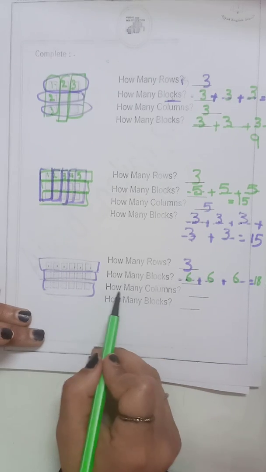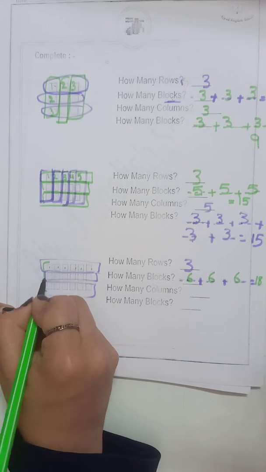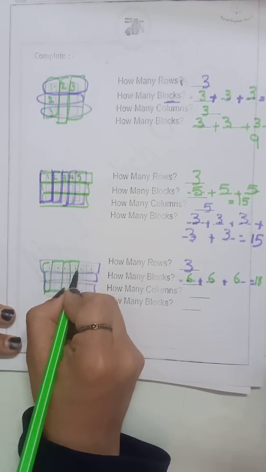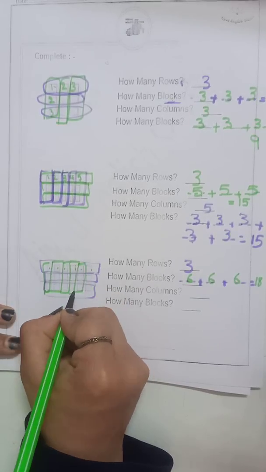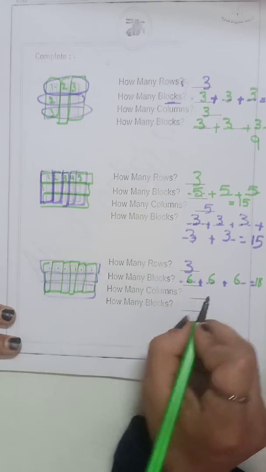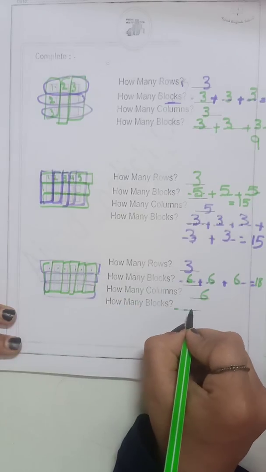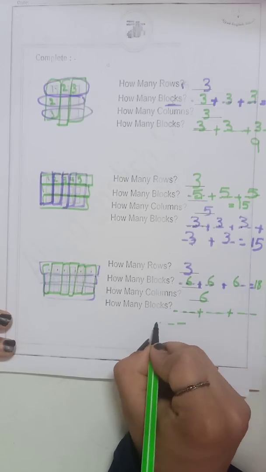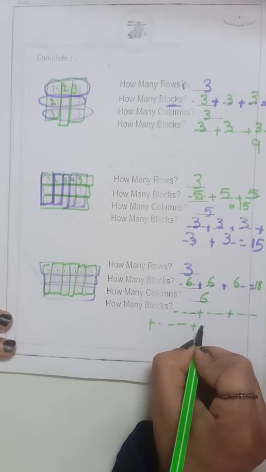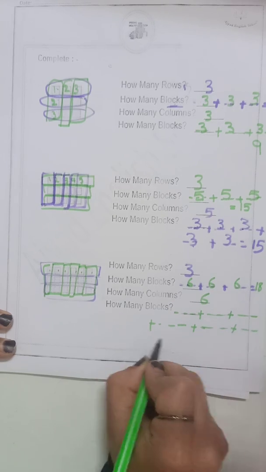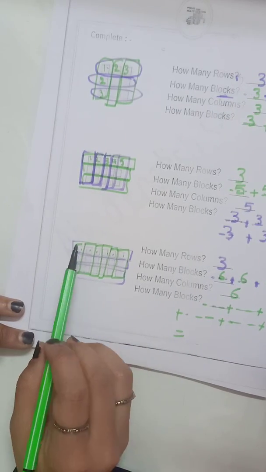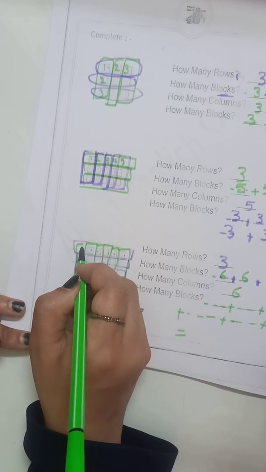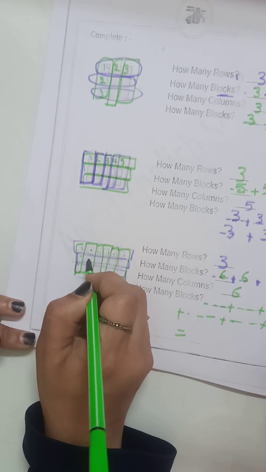Excellent. How many columns here? 1, 2, 3, 4, 5, and 6. So put how many dots? 1, 2, 3, 4, 5, and 6. So in any column, how many elements? 1, 2, 3, and 1, 2, 3.